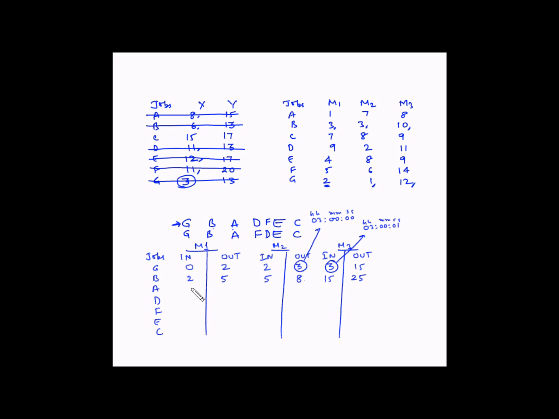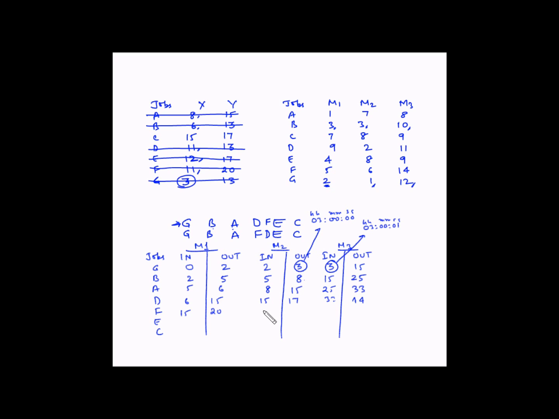Similarly for A, the in time on machine M1 is 5 and out time is 6. On M2, in time is 8 and out time is 15. On M3, in time is 25 and out time is 33. For D, it is 6, 15, 15, 17, 33, 44. For F, started the 15th hour, finished on 20th hour.